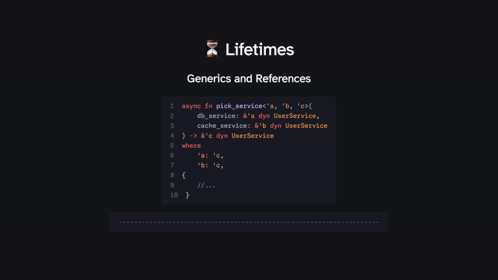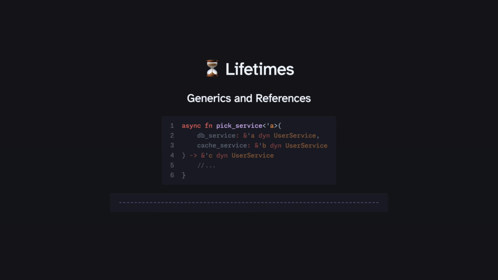We can specify the relationship between these three references in a simpler way. Remember that lifetime annotations are a form of generics, so we could define three separate generic lifetimes and use a where clause to describe the relationship between them. But in this case, we can simplify things by defining a single generic lifetime and applying it to all three references. By doing that, we're explicitly tying their lifetimes together.